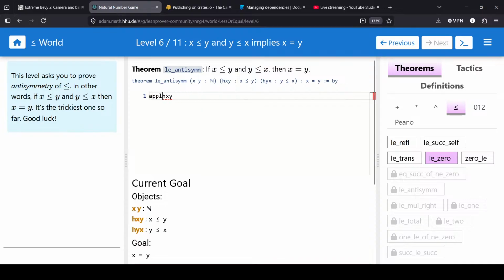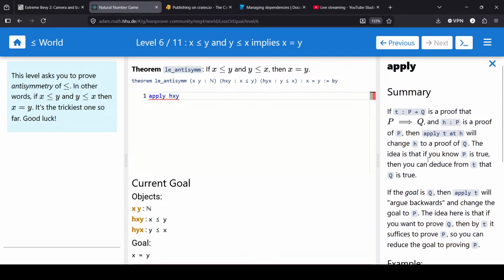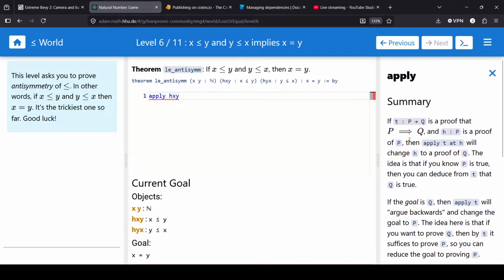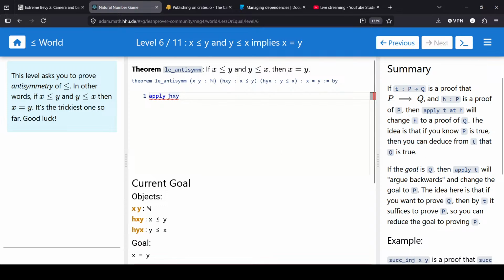Maybe I just need to apply... Because I can curry this, sort of. Apply the trans. Yeah, I need to apply at hxy, and that gives me u. But then I can... How do I double apply? Can I apply again?